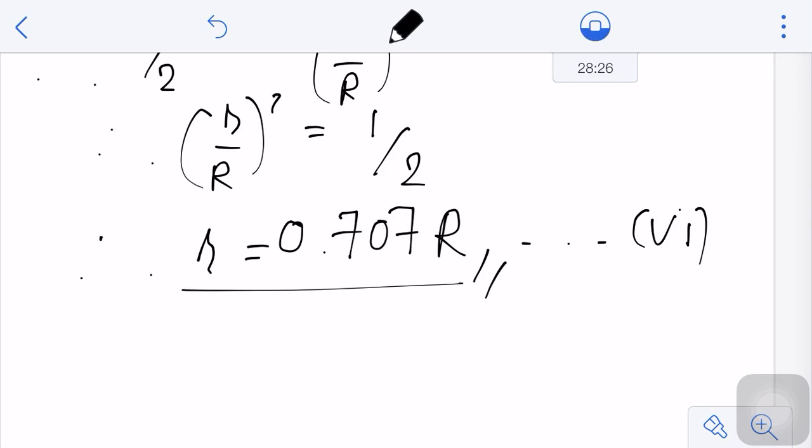So this is how one can get the location where the velocity becomes equal to the average velocity.